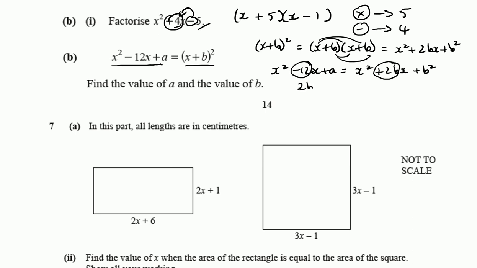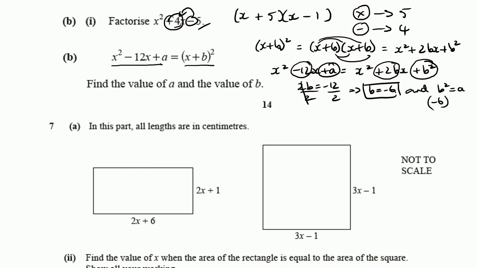So 2b has to equal minus 12, which means b has to equal minus 6. We also know that b squared has to equal a. So minus 6 squared equals a, so a must be 36.